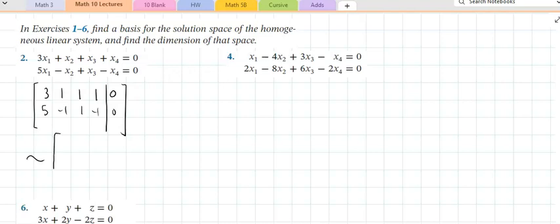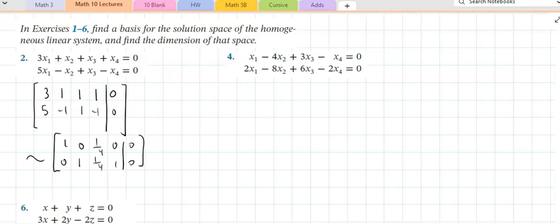If I reduce that, something like that's going to happen on our next exam. This is going to be 1, 0, 1, 4, 0, 0, and this is going to be 0, 1, 1, 4, 1, 0. So if I look at this, keep in mind x1, x2, x3, x4.